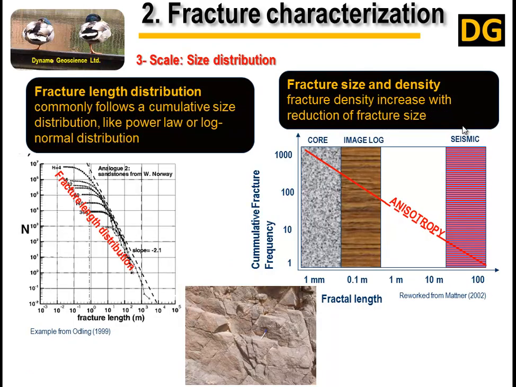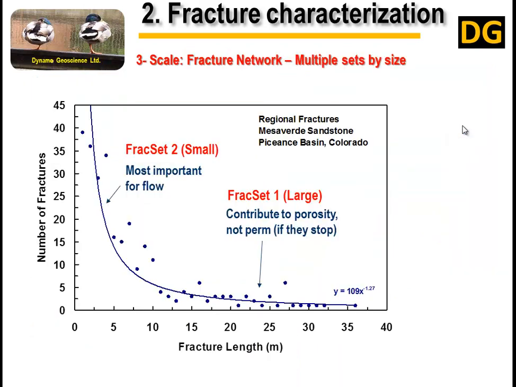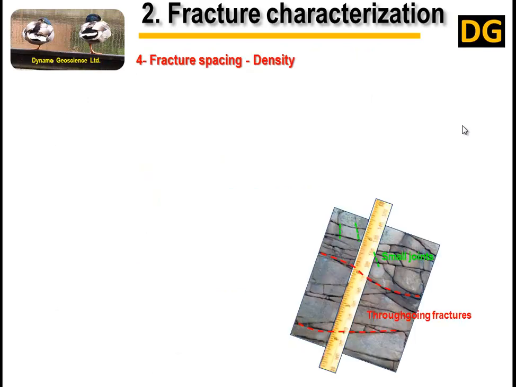Still with the scale, size distribution. Then different fracture size based on different directions. The last one of the fracture characterization is the fracture spacing, or the density of that fracture network or fracture sets.